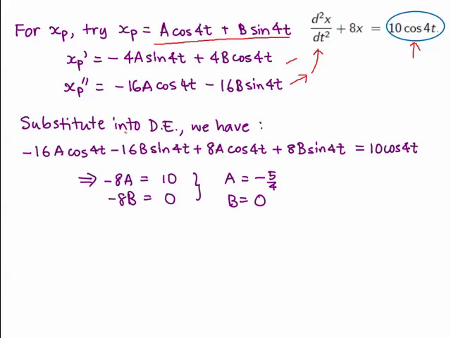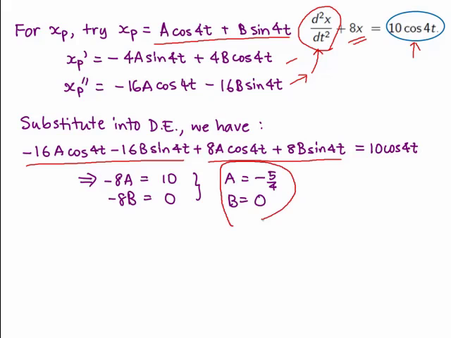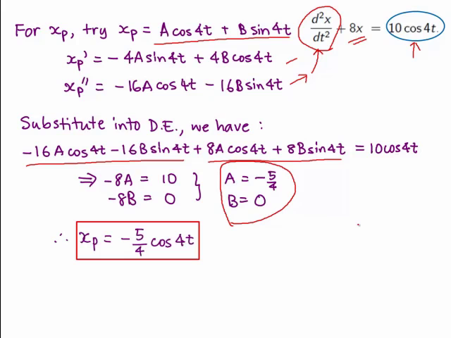So substituting into the equation, we have x'' + 8x = 10 cos 4t. It is not difficult to see in this case that we can work out the values of a and b, where a equals -5/4 and b equals 0, and therefore we can write down our particular solution as -5/4 cos 4t.